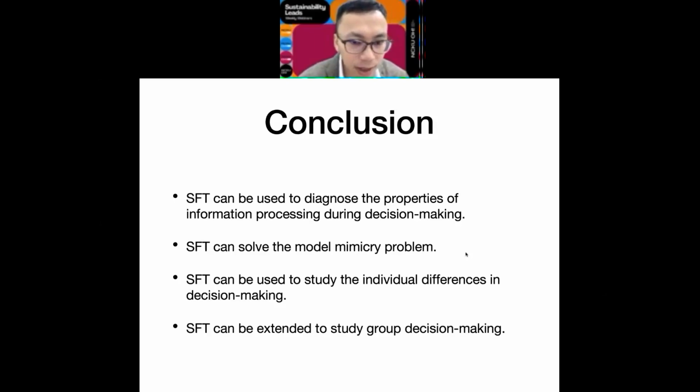And SFT can be used to study the individual differences in decision making. I gave you several examples showing we can use different SFT approaches to quantify individual differences. And SFT can be extended to study group decision making for collaboration.